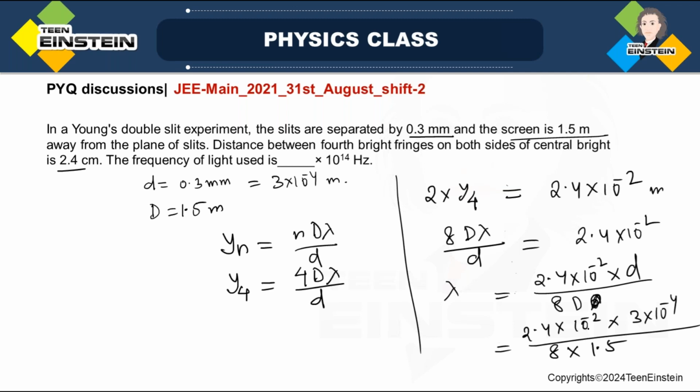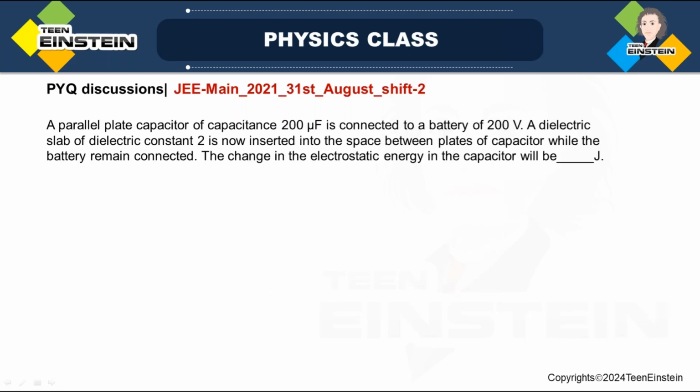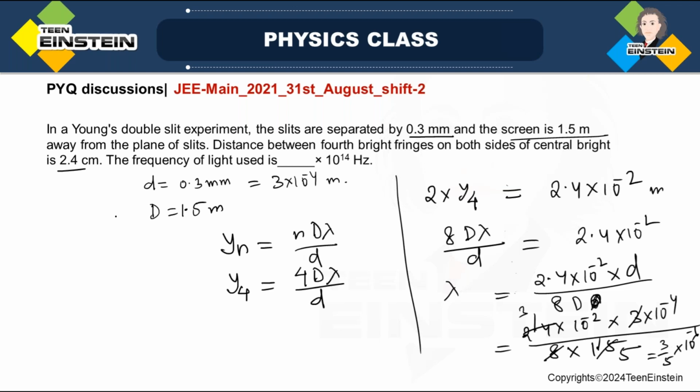So we'll have here, this 0.5, this 0.5 I can strike them out. This will be 0.5, see 5 here, and this will be 3. So 3 by 5 into 10 to the power minus 6 meter. Now I have to find out the frequency.